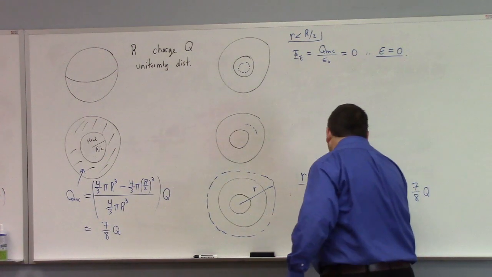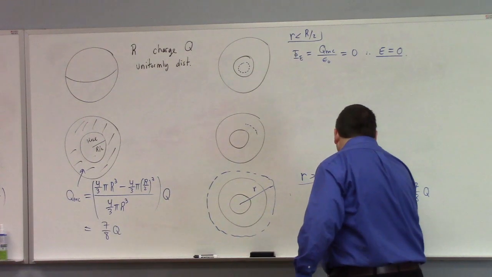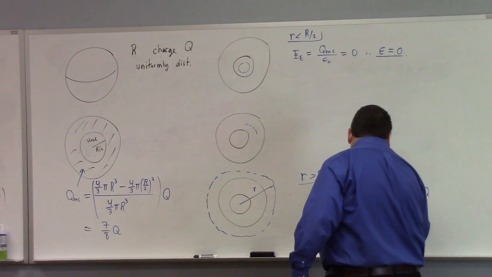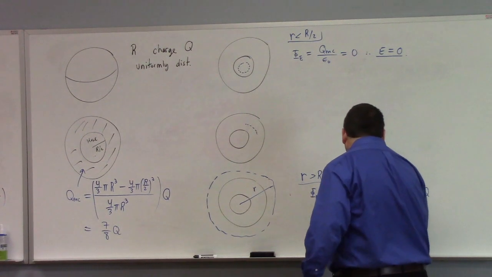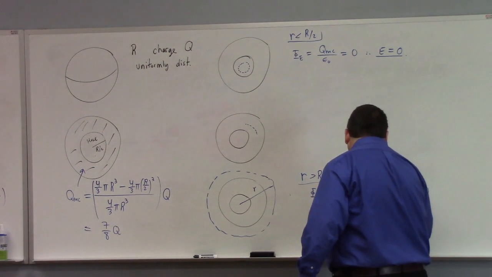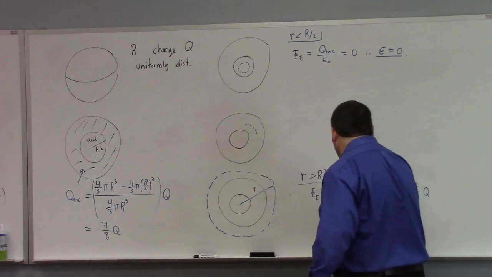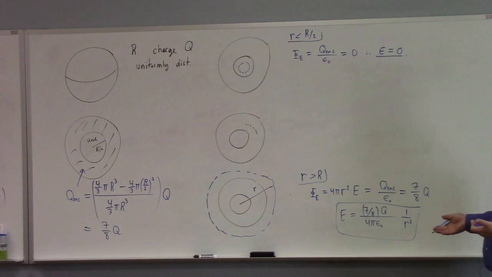So the electric field outside this contraption is 7/8 times Q divided by 4 pi epsilon naught times 1 over r squared, right? I'm writing it this way to emphasize it's the Coulomb field for the net charge in the shell. That's what's going on here.